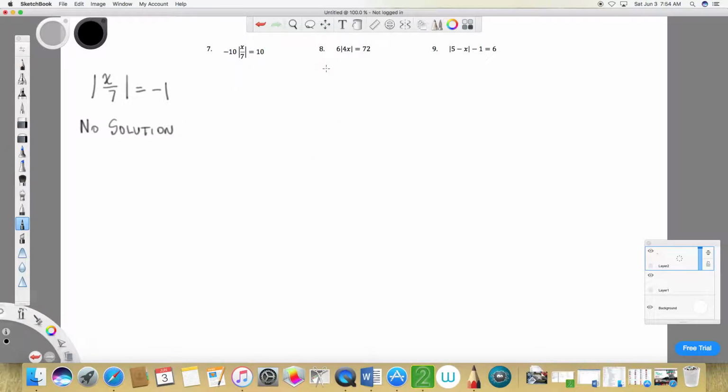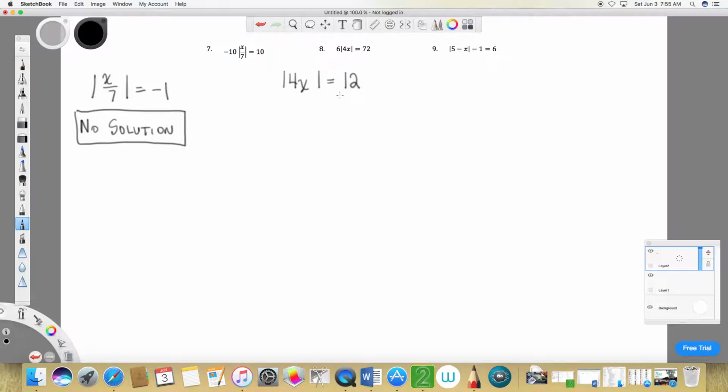All right, let's take a look at number 8. And the same thing, we want to isolate this absolute value. Let's divide both sides of this equation by 6. 72 divided by 6, I think, is 12.